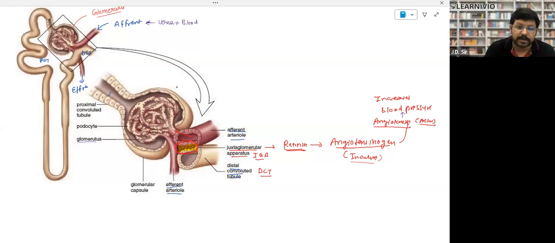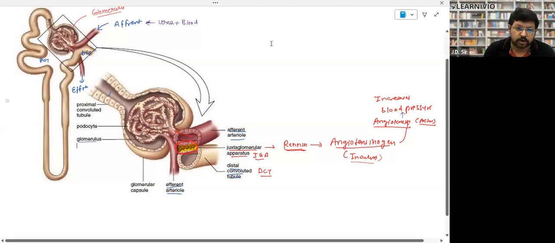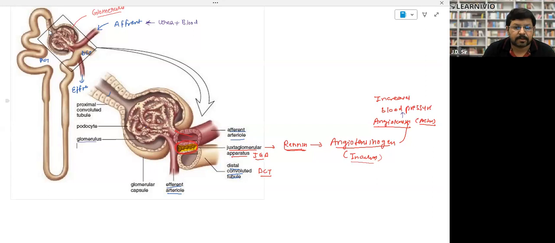Come on, digestive system. In the digestive system, it has nothing to do with blood circulation. Rennet tablets are used in the making of cheese. It means you people are not revising properly. Please keep on revising, because human physiology is an important part.